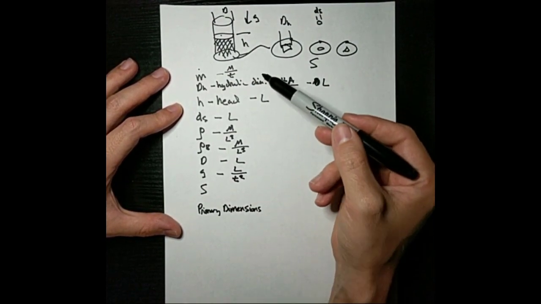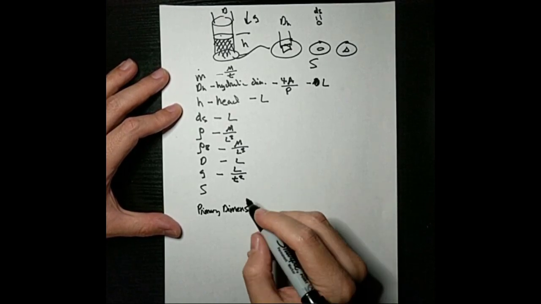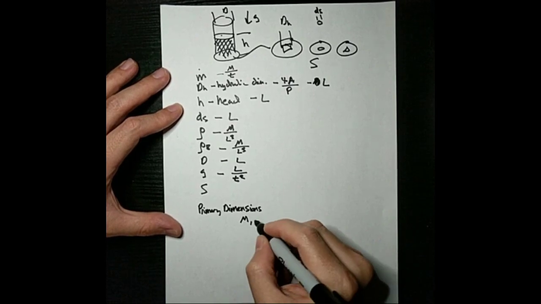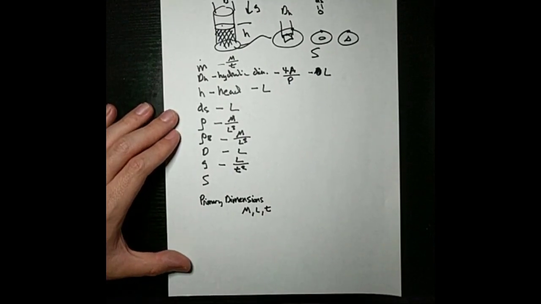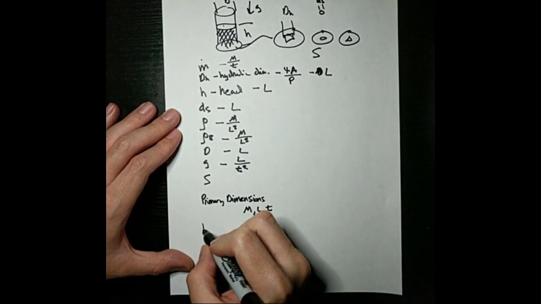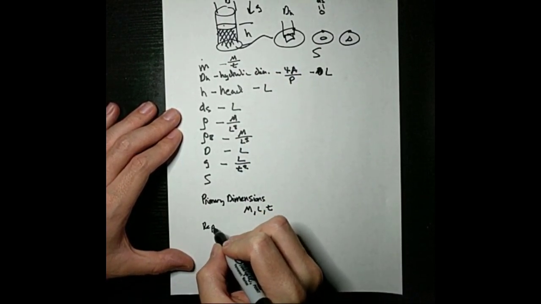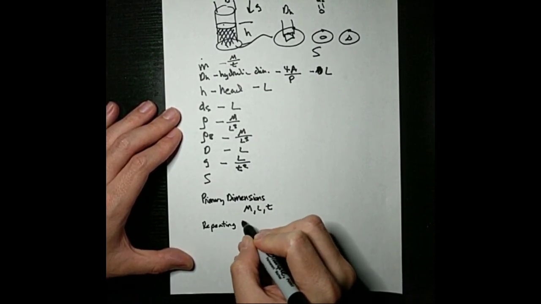So for the parameters that were chosen, the ones that we're going to use in this dimensional analysis, we would need mass, length, and time to represent all of these. So next we're going to go through our parameters, and we need to choose some repeating parameters.